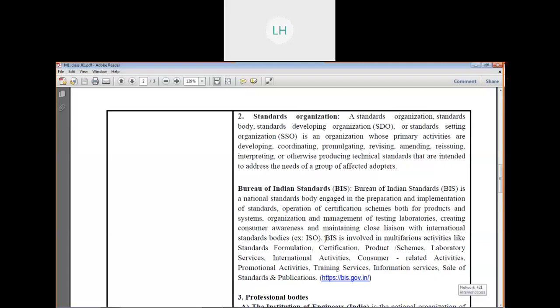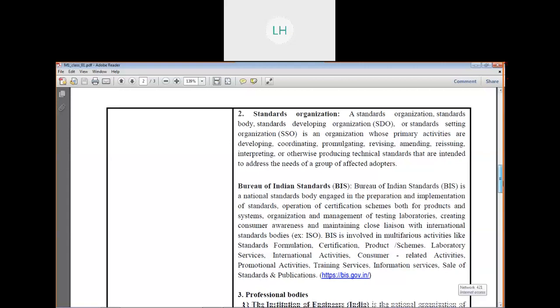Okay, so BIS is involved in multifarious activities like standards formulation, certification, product testing, laboratory services, international activities, consumer related activities, promotional activities, training services, information services, and sale of standards and publications. So the Bureau of Indian Standards is working in every sector to maintain the quality of a particular work or object.